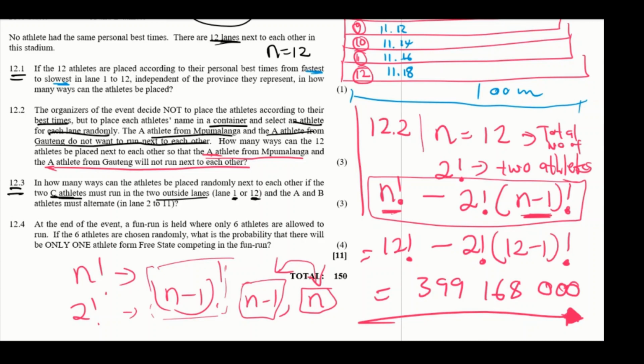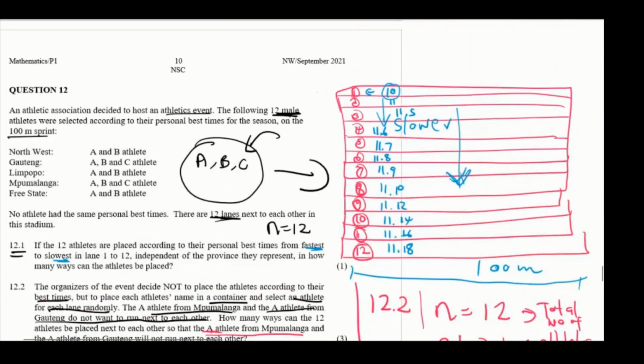The A and B athletes must run alternatively. So remember that we have athletes A and B and C, and we are told: in how many ways can these athletes be placed such that the athlete C runs in the outside lane.